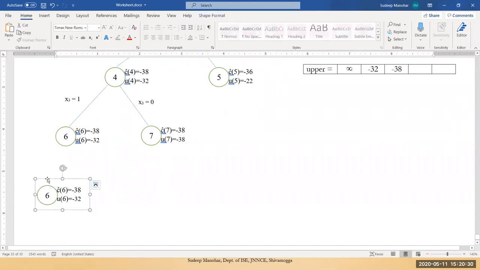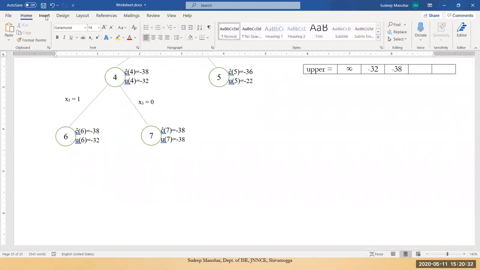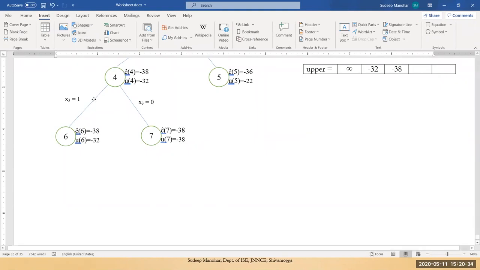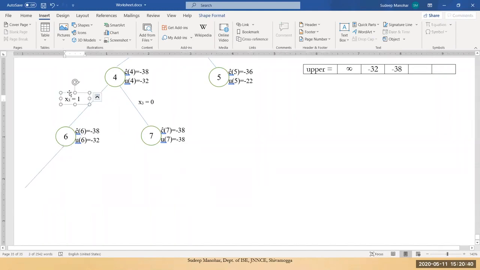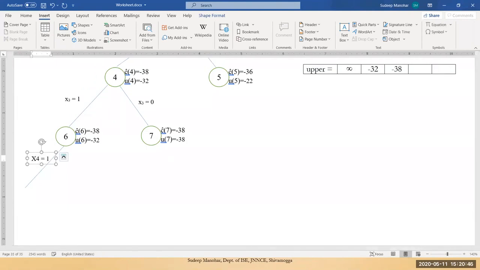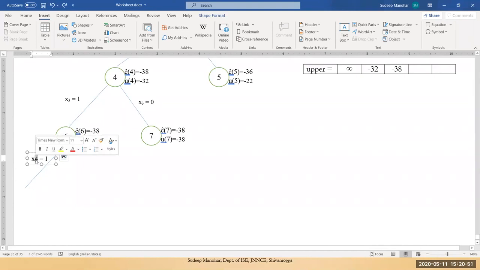I'll just write the branch. So this is level 4 and you're supposed to write x4 is equal to 1, which means that you have to consider the fourth item.